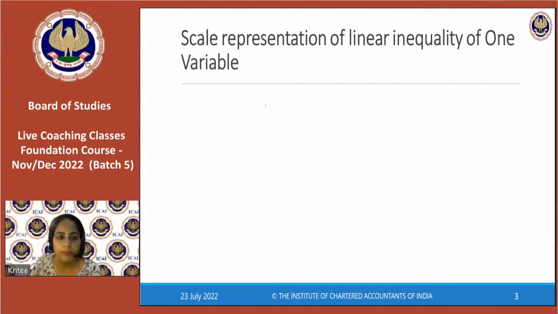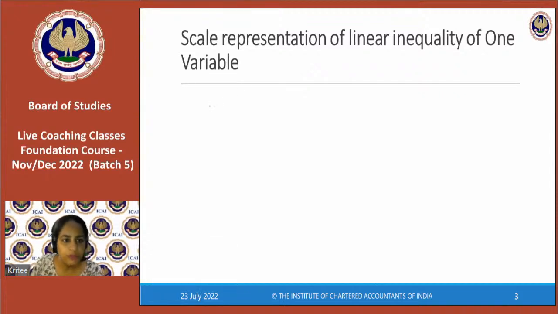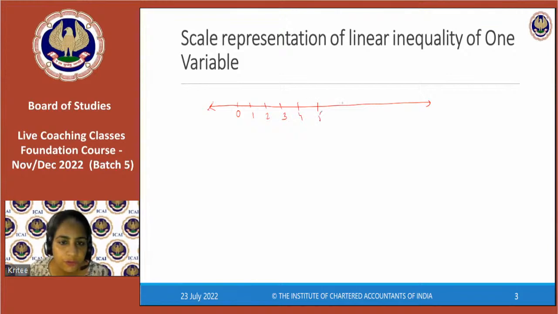Scale representation of linear inequality of one variable. One variable is always represented on a scale. Do you remember using a scale, when you first started geometric work? It starts from 0, then 1 centimeter, 2, 3, 4, 5, 6.